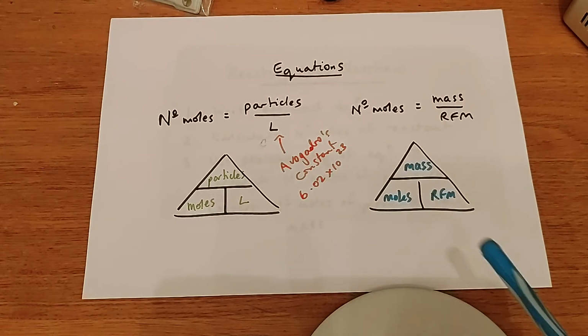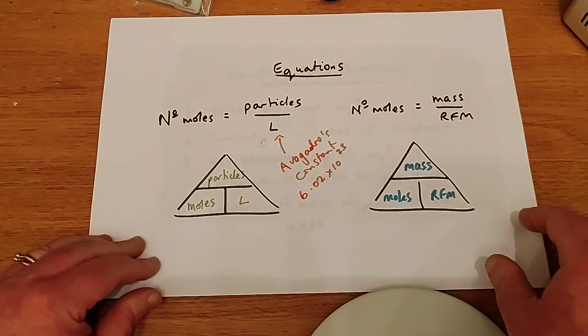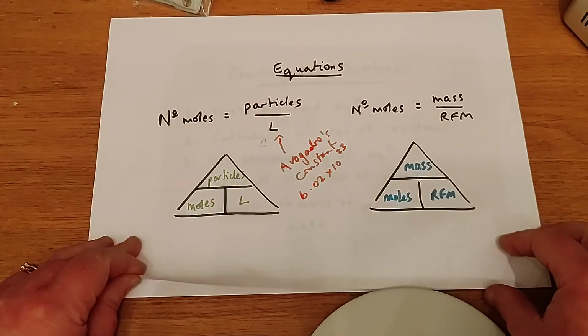So you need to be able to use both of those in calculations. If you're given the number of moles and asked how many particles there are, you know Avogadro's constant, you go ahead and work that out. Or for most of your reacting mass questions, it's going to be number of moles is mass divided by the formula mass.